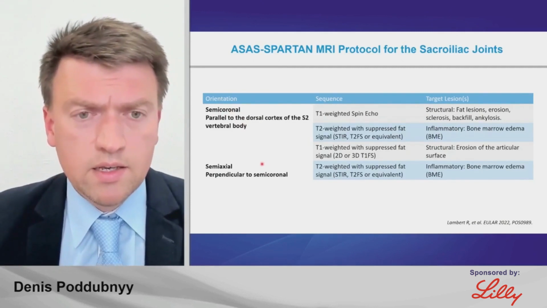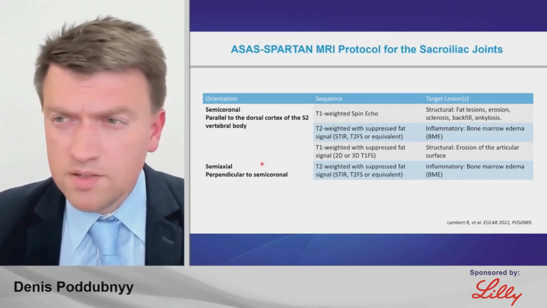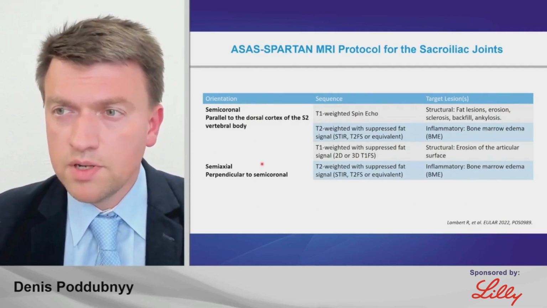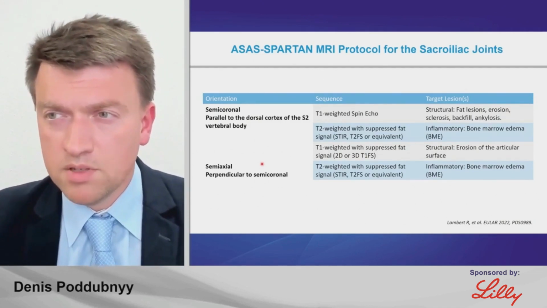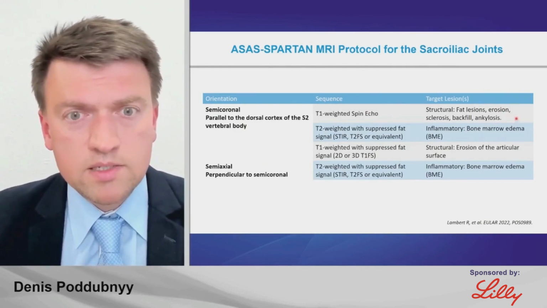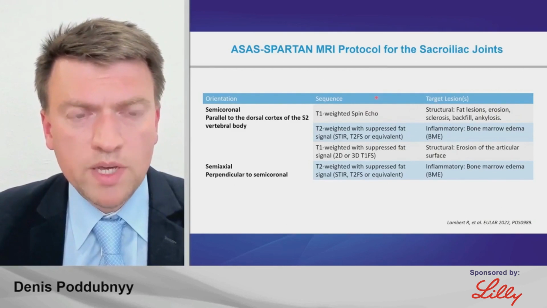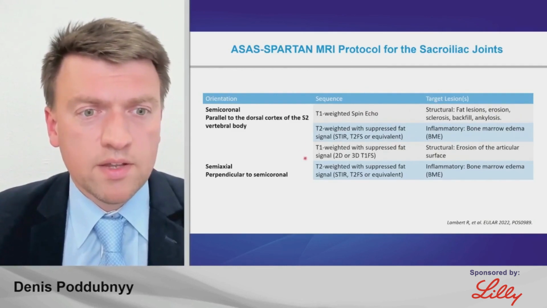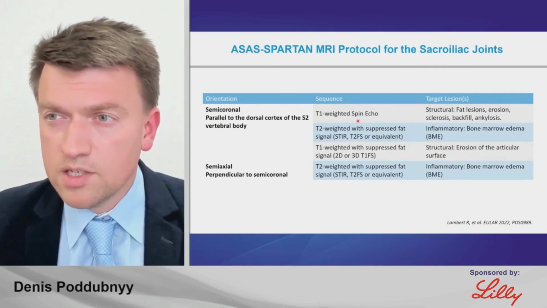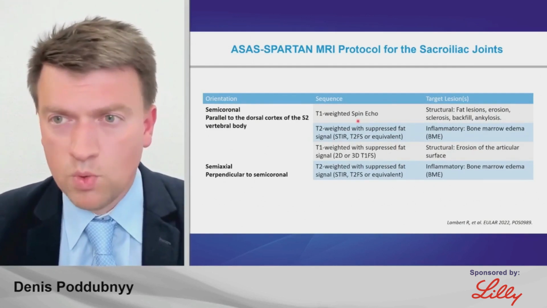And this is done to be able to depict active inflammatory changes both in the cartilaginous portion of the joint and in the posterior ligamentous portion of the joint. And for the depiction of structural changes, we have T1 weighted sequence, and the modern sequence, it could be a 3D gradient echo sequence, also called WIBE sequence.